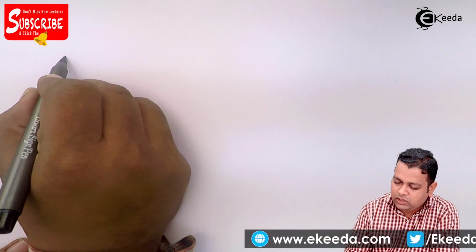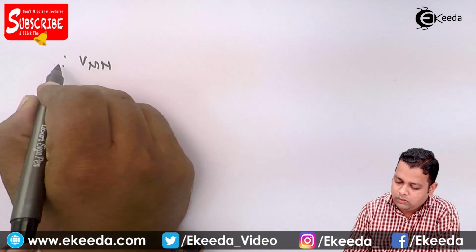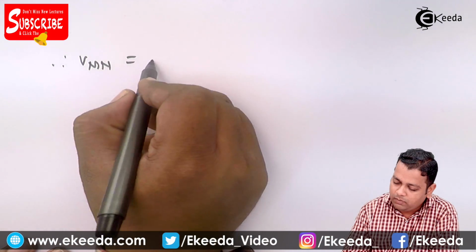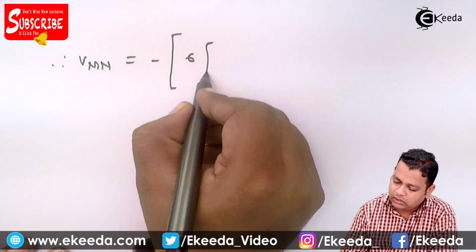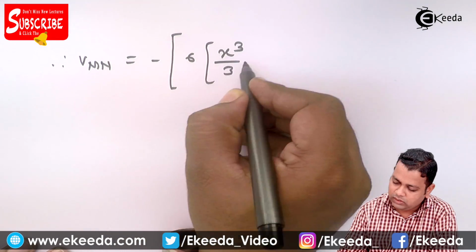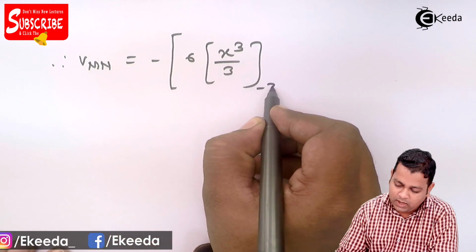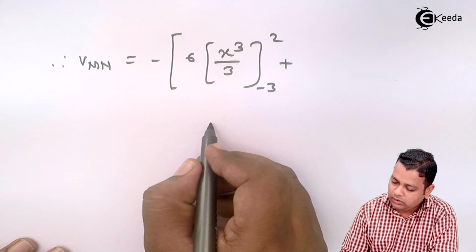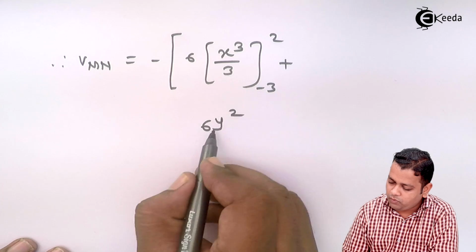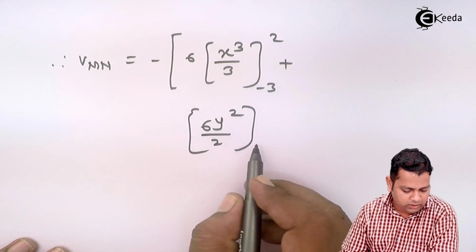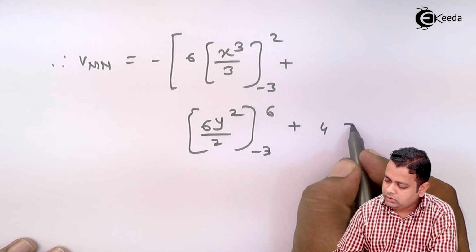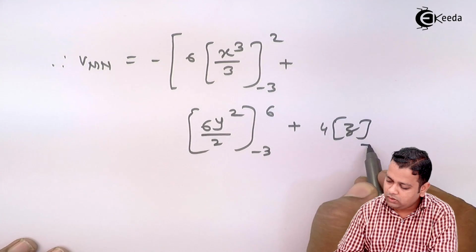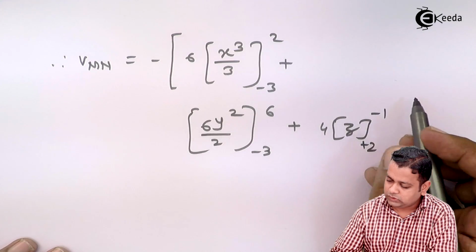So we shall have solved the integrals. Hence we get V_mn is equal to minus, in bracket we put 6, again in bracket, x³/3, the limits will be -3 to 2, plus 6y²/2, the limits will be -3 to 6, plus 4z with the limits 2 to -1.